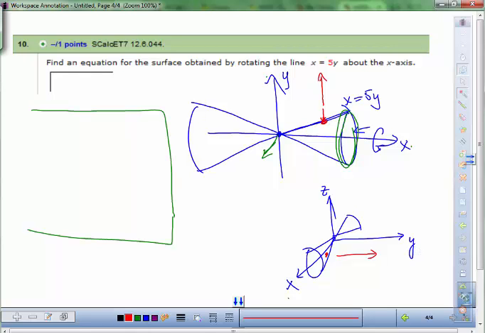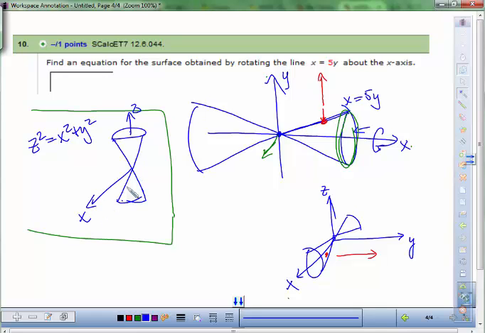All right, so the general equation for, I don't want to call it standard, but I don't have any other words for it, a cone would be z is equal to x squared plus y squared, and that would be a cone that's opening up towards the z, in positive and negative z.